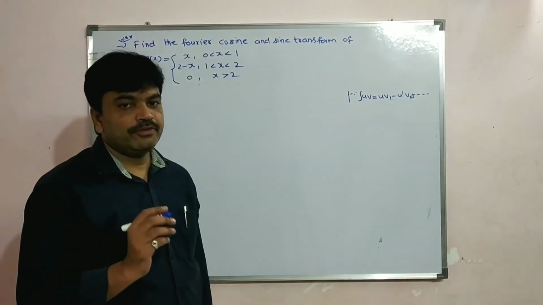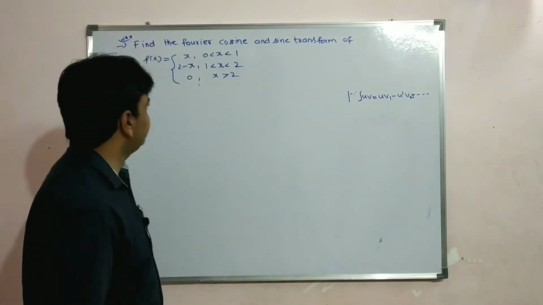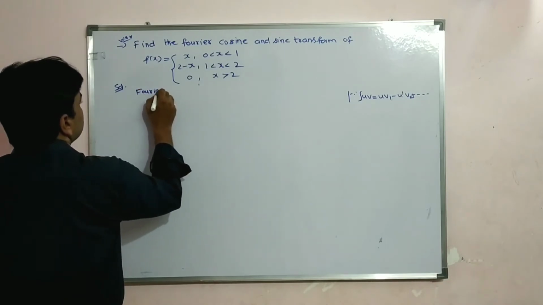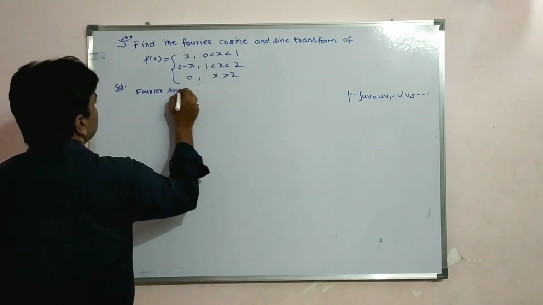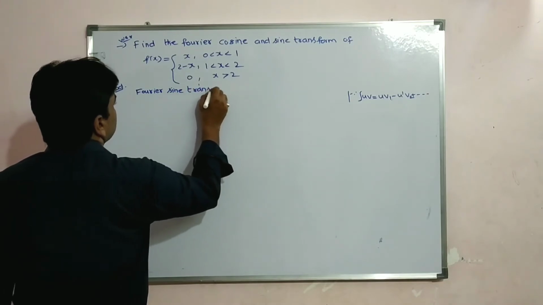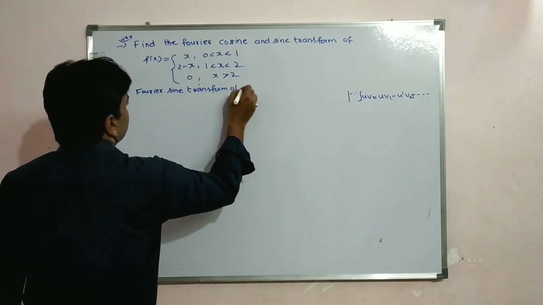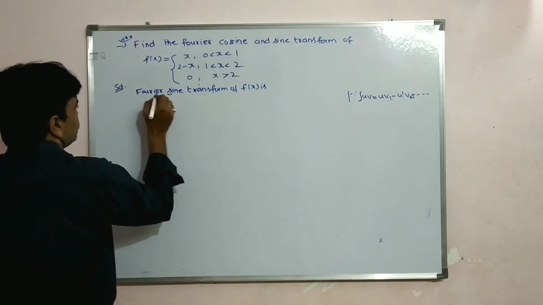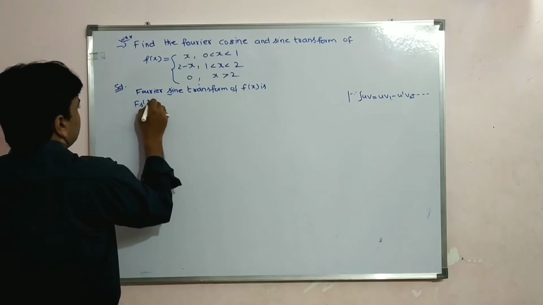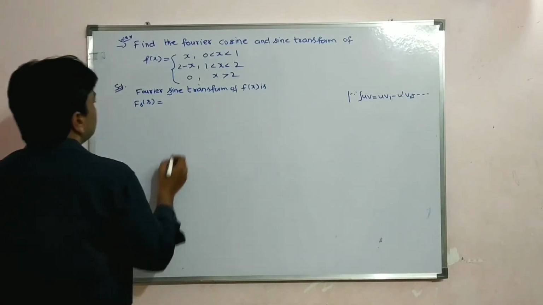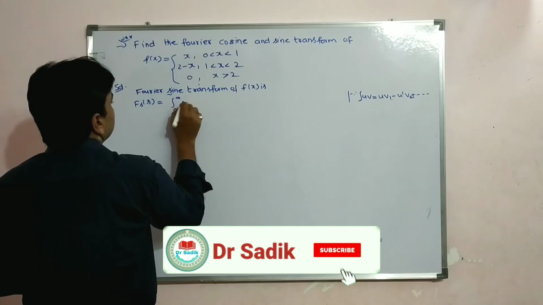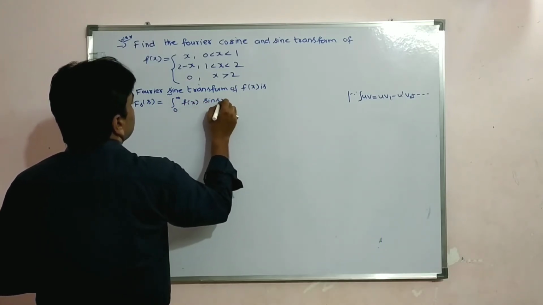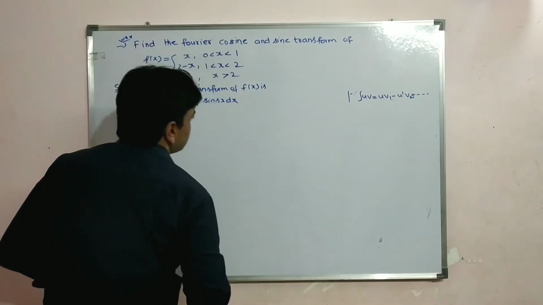Let us see the Fourier sine transform, students. The Fourier sine transform of f of x, what is the first letter, students? S. So Fs of s is equal to the integral from 0 to infinity of f of x sin sx dx.